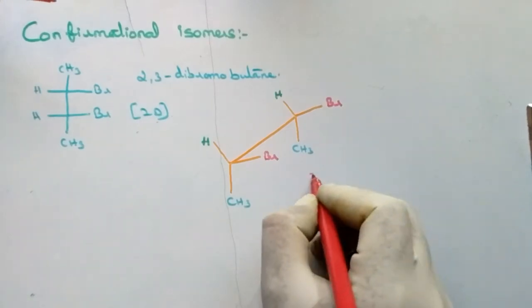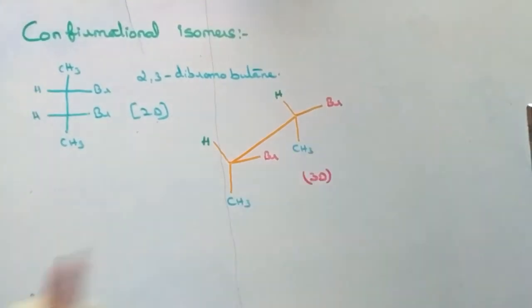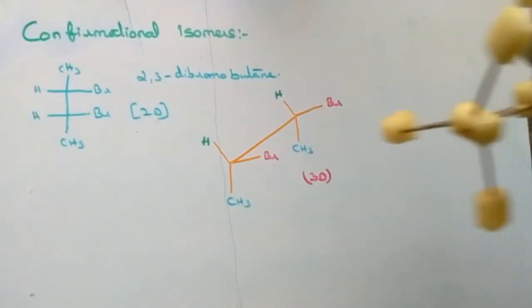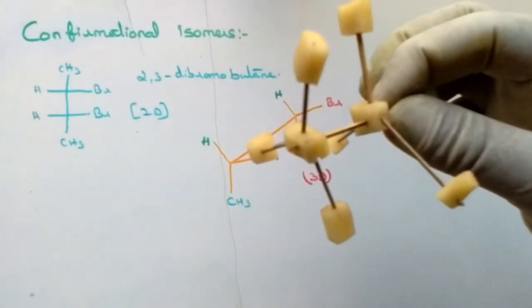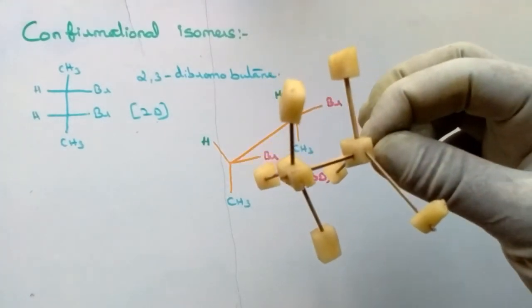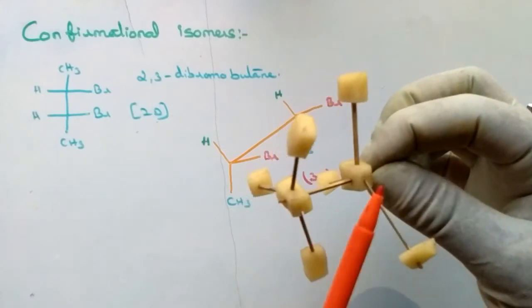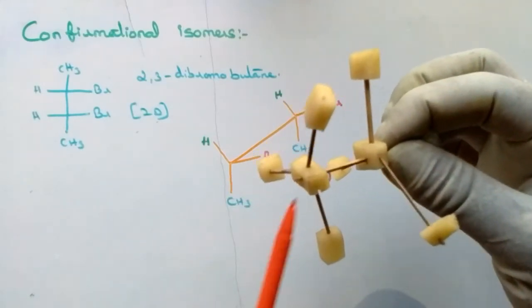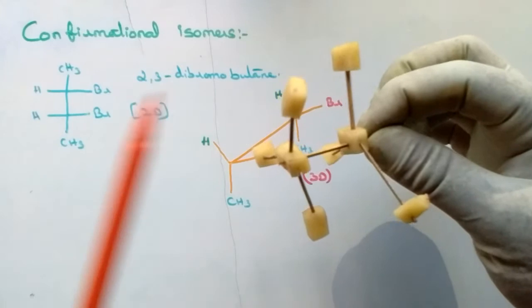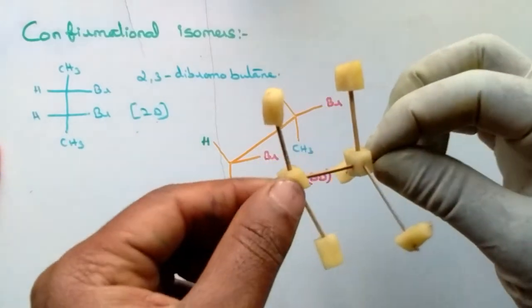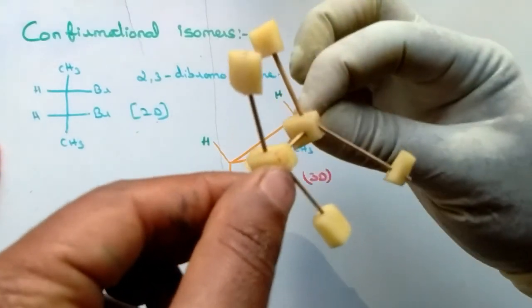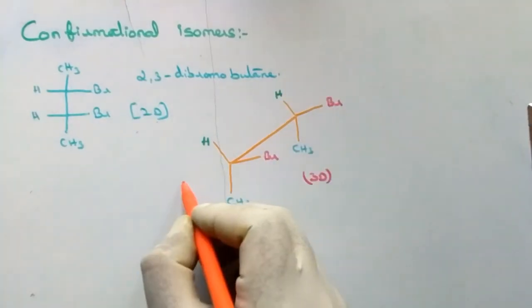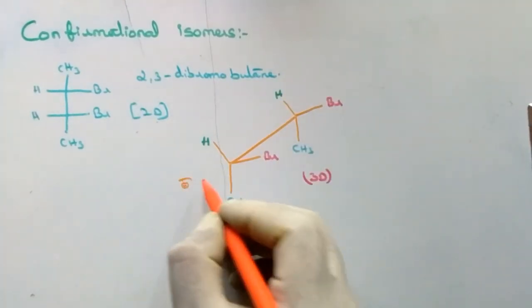So this is the 3-dimensional structure of this compound. And these are the 2 middle carbons which are bonded with hydrogens, methyl groups, and bromines like this. So in 3-dimensional, this compound will be looking like this only.